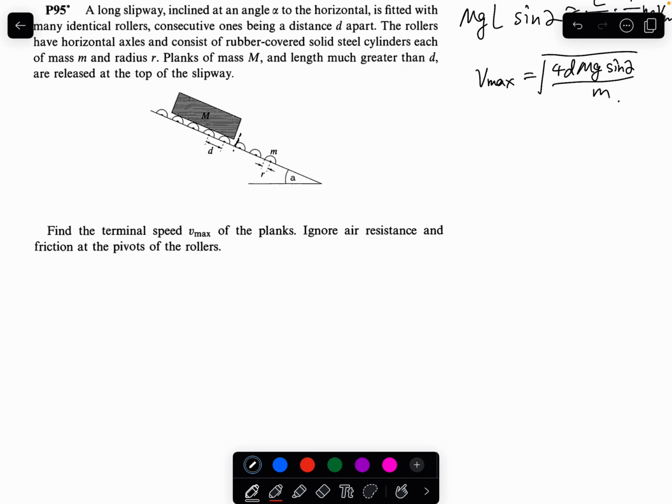When it touches the roller, t equals 0, and this is t equals T. So I times delta omega equals R times F_t times delta t, and these will be summed to give an equation containing the final angular velocity of the roller.